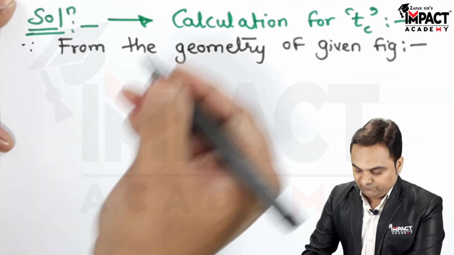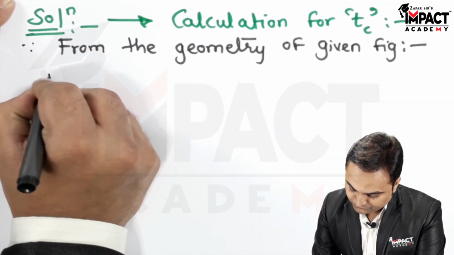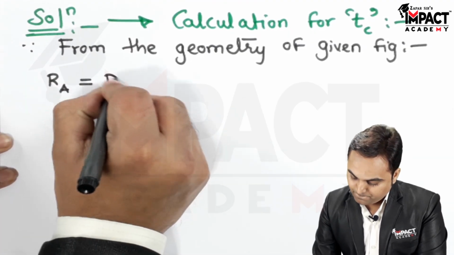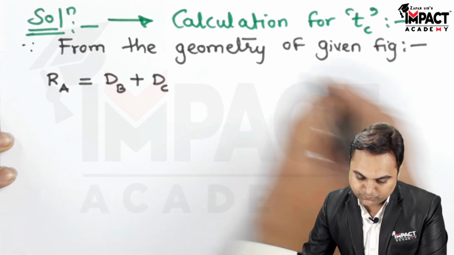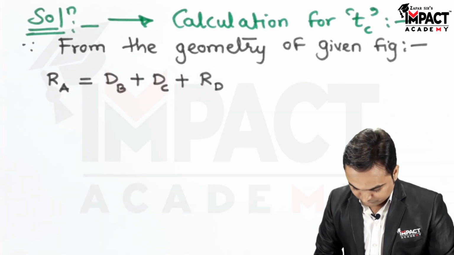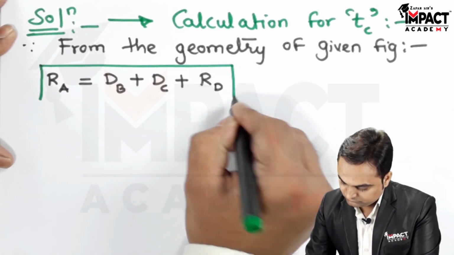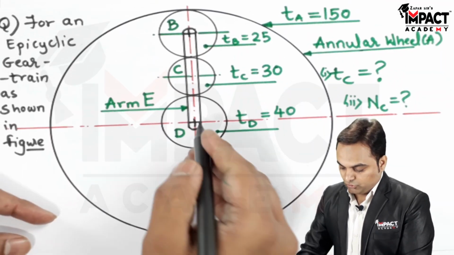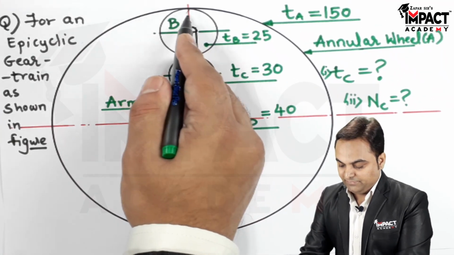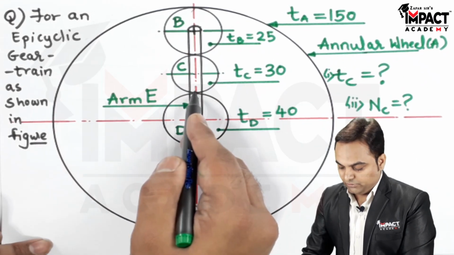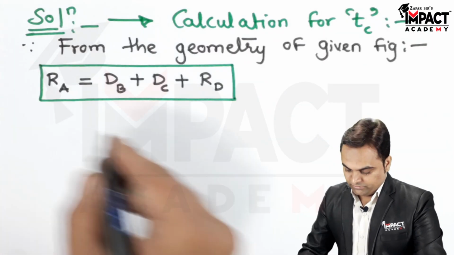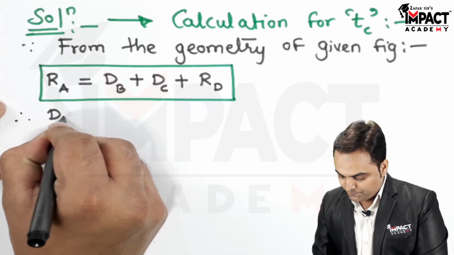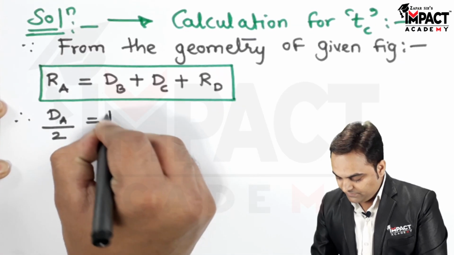from the geometry of the given figure, the radius of annular wheel A is equal to the diameter of B plus diameter of C plus radius of D. Then radius is diameter by 2 for A. B I am keeping as it is.